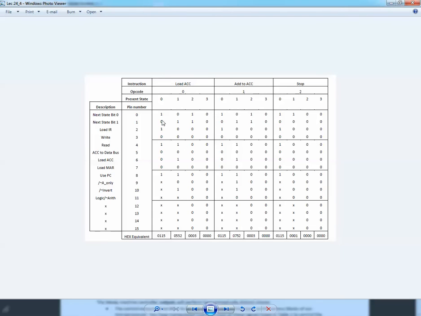So we expect, once we reset the machine, to be in state 0, and then we go to state 1. In state 0 we will not be doing anything. In state 1 I've programmed it to do the loading instruction, and then after finishing this cycle, we'll go to state 2.